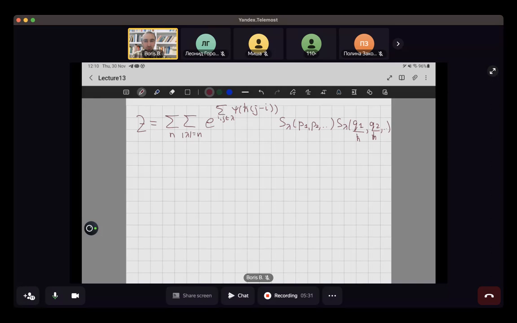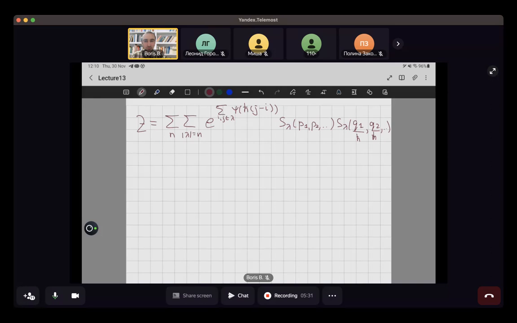So if m is greater than 0, it is a differential operator.